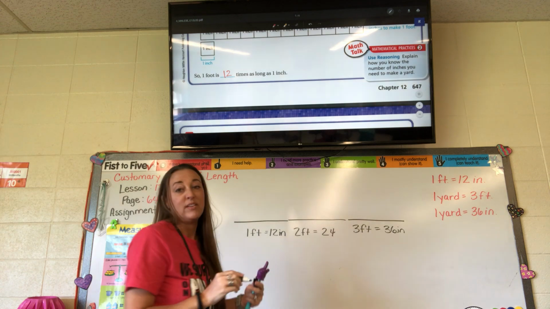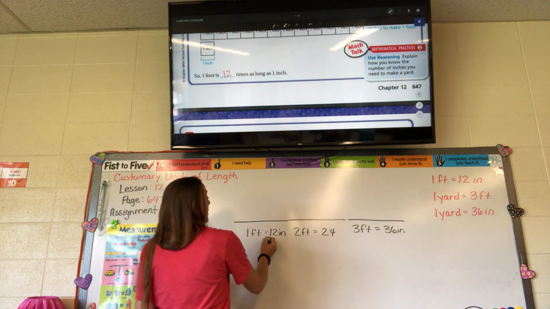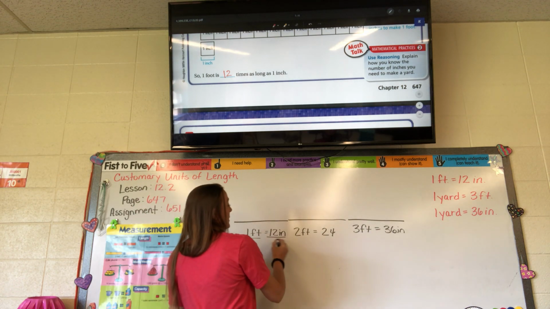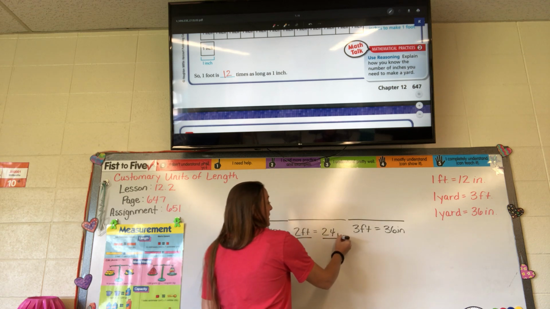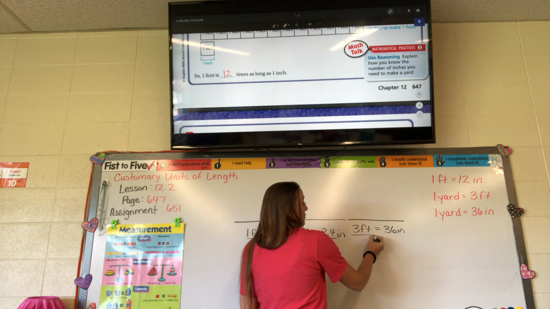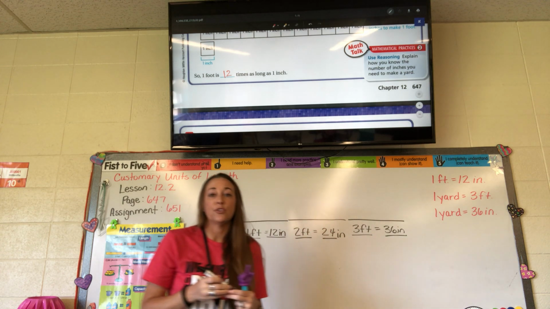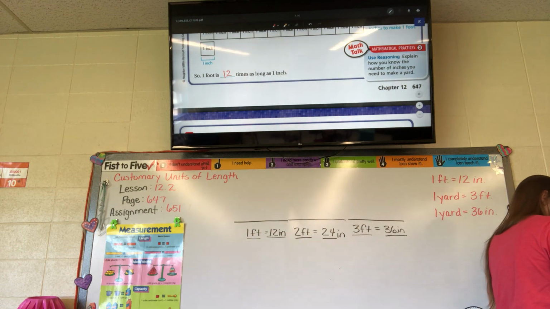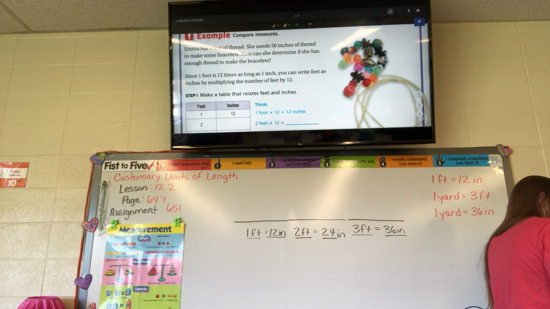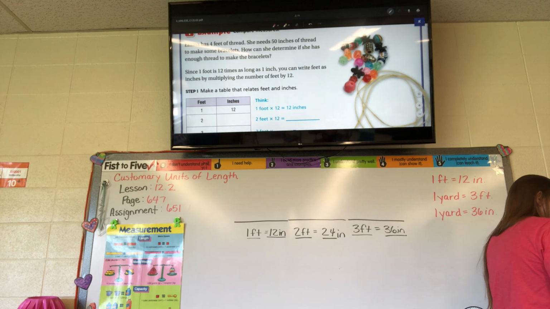So this is 12 inches in the first foot. When we add the second foot, that equals 24 inches. And when we add the third foot, that gets us up to 36 inches. Okay?